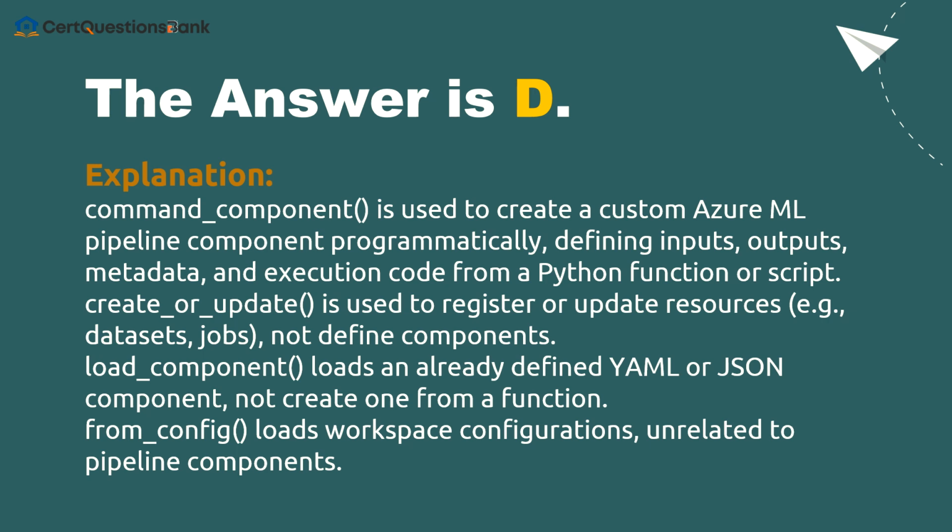Create_update is used to register or update resources, e.g., datasets, jobs, not define components. Load_component loads an already defined YAML or JSON component, not create one from a function. From_config loads workspace configurations, unrelated to pipeline components.